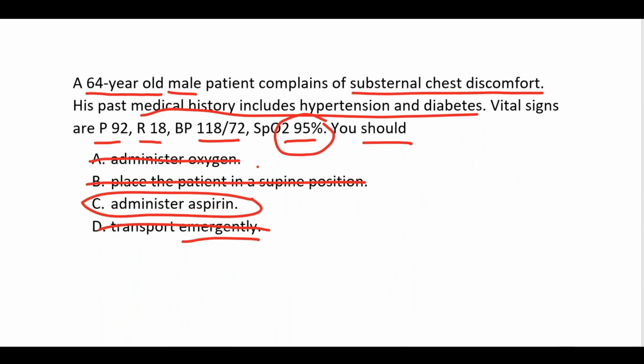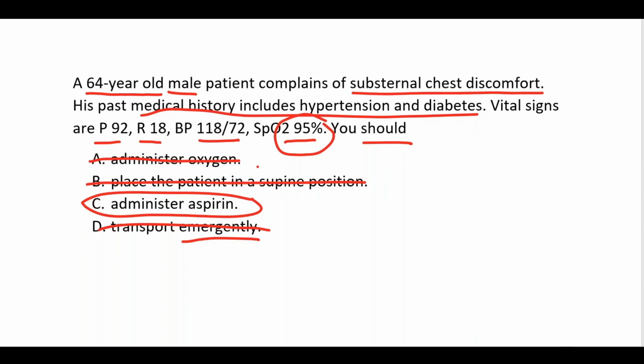Now, when it comes down to protocols, the other thing that this does is this becomes very protocol neutral. Let's say your protocol says have your patient chew 2 baby aspirin. Other protocols say 4 baby aspirin, 162 versus 324 milligrams. The National Registry doesn't want to test your protocols or confuse that. They want you to identify what the priority is here, what the judgment is, what science says that we should do.